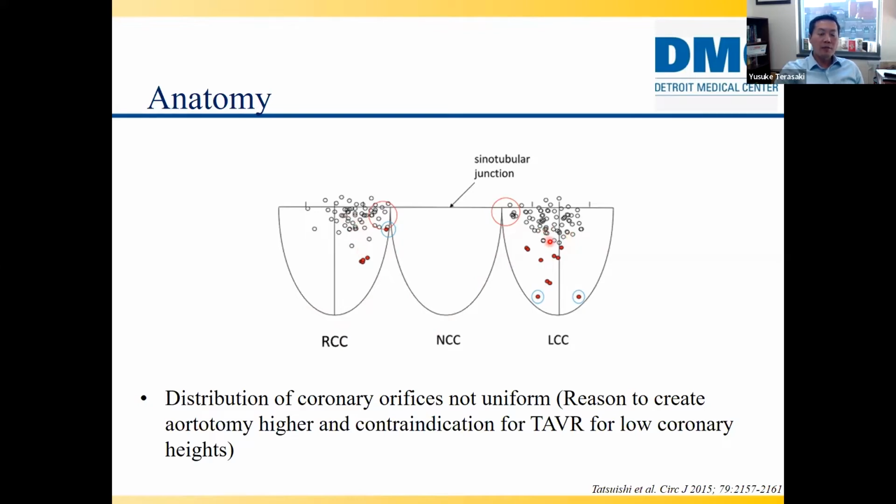But you can see that for some patients, the orifices come really close to the commissure, which is where the junction of the 2 leaflets are. And some coronary orifices are really down low in the coronary cusp. And this is particularly important when we start doing TAVR procedures, because when we deploy a TAVR valve in these patients with low coronary orifices, we have this risk of obstructing these orifices with the TAVR valves.